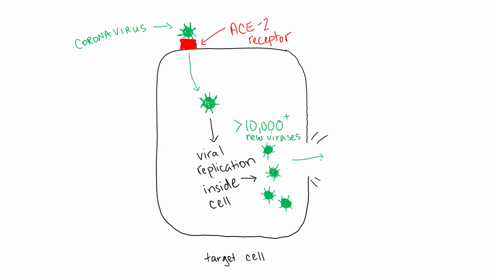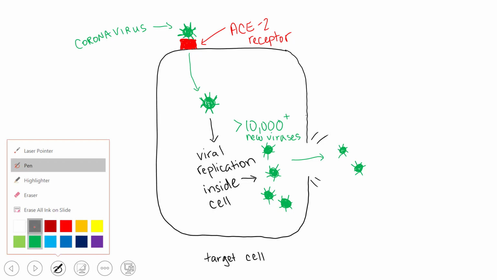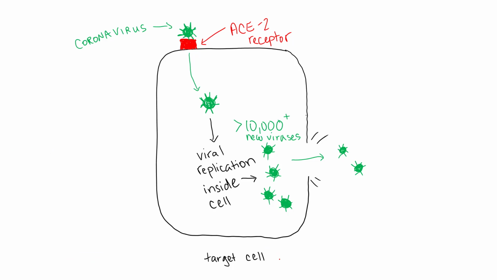So they release out of this target cell. And as they are released out of the target cell, they rupture the cell. So this target cell, which was a cell in your respiratory tract, and actually specifically for coronavirus, the target cell is a type 2 pneumocyte, which basically is a respiratory cell.